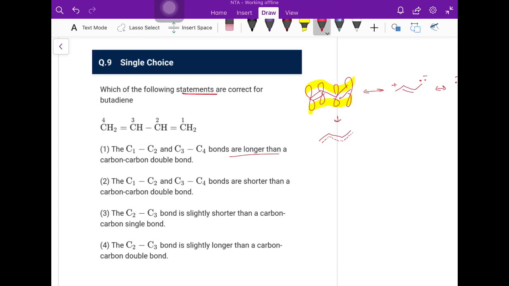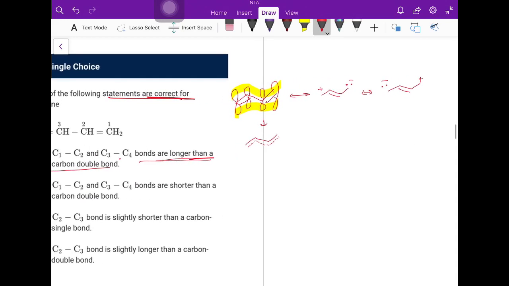Which of the following statements are correct? We need to find the correct ones. C1 C2 and C3 C4 bonds are longer than a carbon carbon double bond. Because C1 C2, see here, first of all let us remove these pi bonds. So this is 1, this is 2, this is 3, 4.